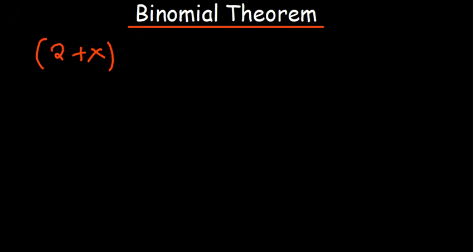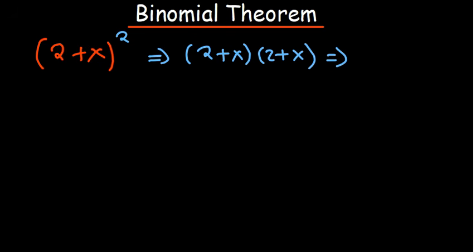Now, I'll use a simple one to the power 2, which you're able to expand without any need of the binomial theorem. You know that that's the same as 2 plus x times 2 plus x. So if you expand that to simplify it, 2 times 2 is 4. Of course, you have x squared plus 4x, I believe, plus 4.